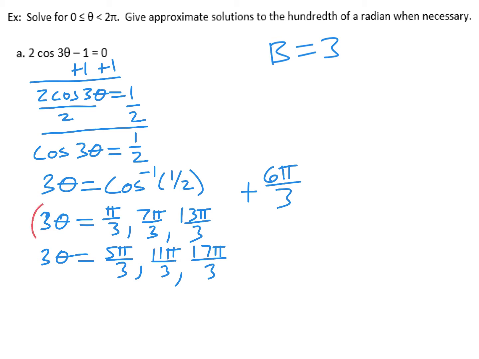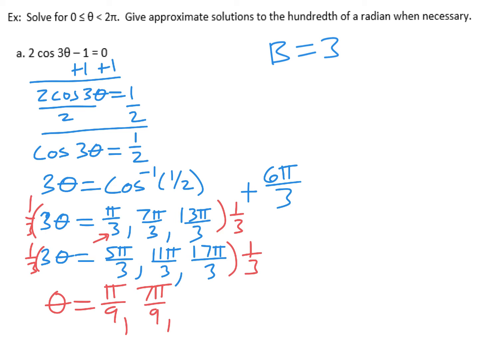All right, we got to get rid of that 3, so let's do this. Multiply this side by a third. Same thing here. And here's what we're going to get. These are my final answers now. I'm kind of going right in order, starting here. Pi over 3 times 1/3, pi over 9.